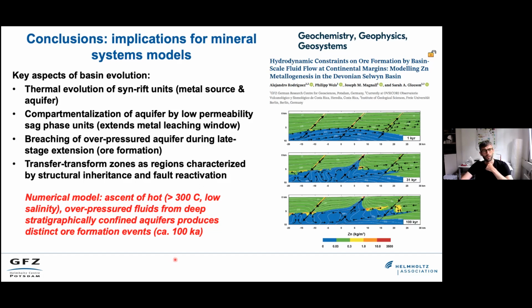But there's a whole suite of other secular controls on the formation of these systems that we'd also have to consider. One of the really important things here is that you have this really thick sequence of synrift clastic sediments of the Windermere Supergroup. It's like 5+ kilometers thick, one of the major unconformities in the geological record, and I think that represents a potentially important metal source.